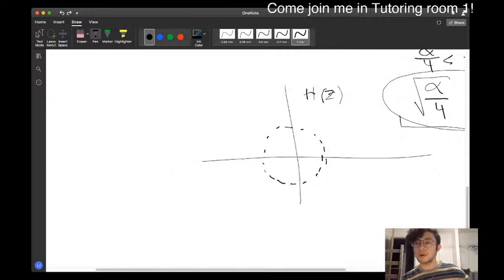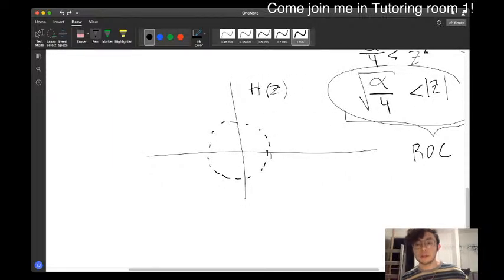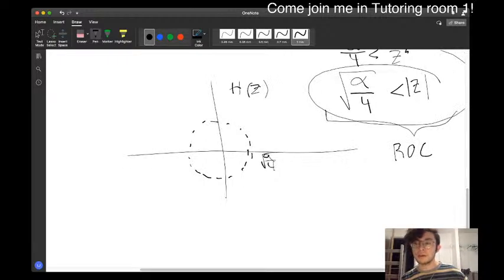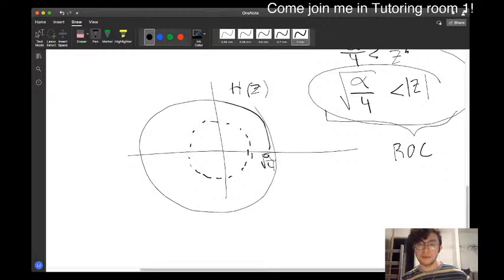Let's try and draw out what this means. Alpha over 4 is some number, so let's put it here. If the magnitude of z is greater than alpha over 4, then we're taking everything outside here.